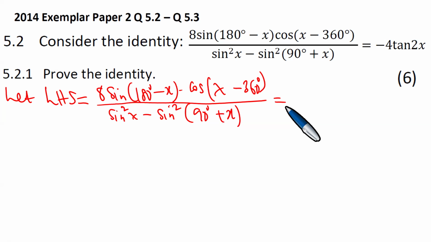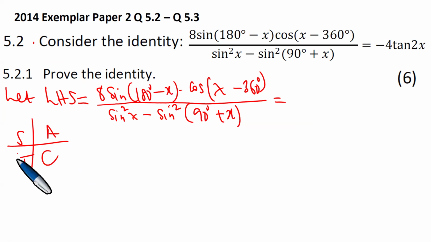We need to remember some things here about the CAST diagram. What does the CAST diagram actually tell us? If you have 0 degrees here, 90 degrees there, 180 degrees here, 270 degrees there, and 360 degrees, in which quadrant is 180 degrees minus x?